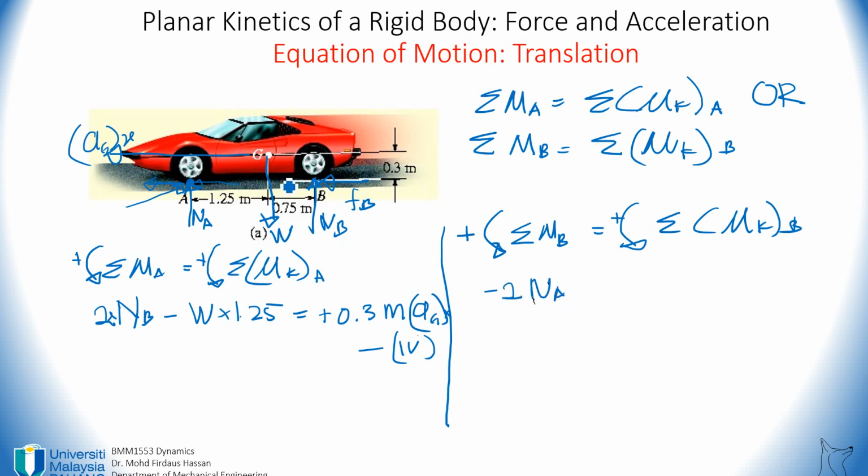Now referring to point B, weight becomes counterclockwise. So it's positive. The distance is 0.75 times W. And this one equals, okay, this one will create a counterclockwise as well. And the distance remains 0.3 times M times AGX. This is equation number 5. Alright.